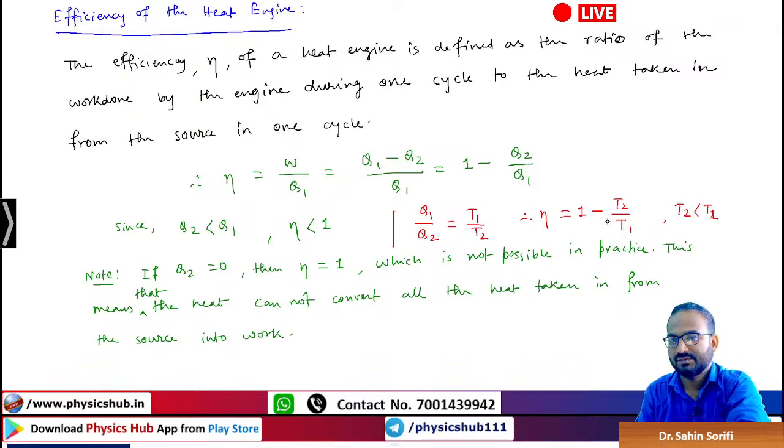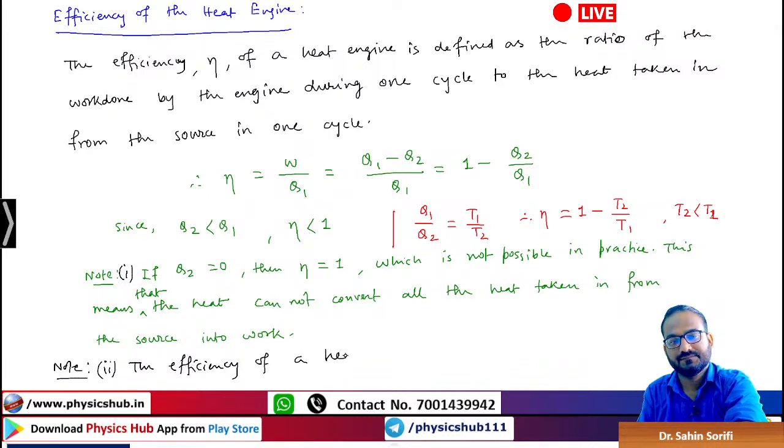One thing I missed to mention here, you can see the efficiency is given by 1 minus Q2 by Q1 or 1 minus T2 by T1, we will see later on. So, it does not depend on the working agent. Let us write a note: the efficiency of a heat engine is independent of the working agent or working substance.